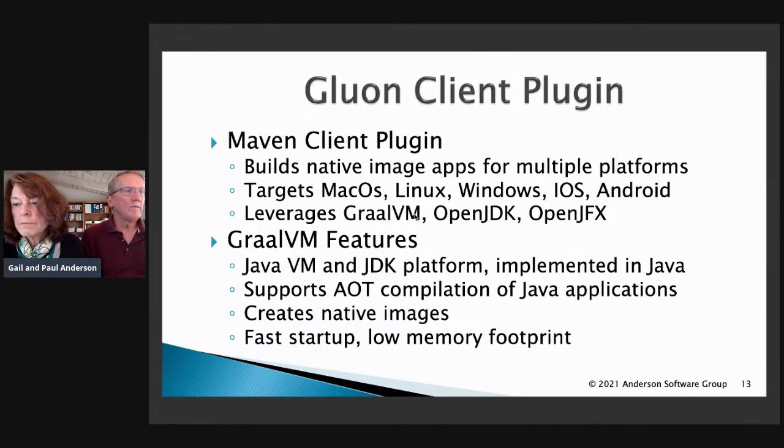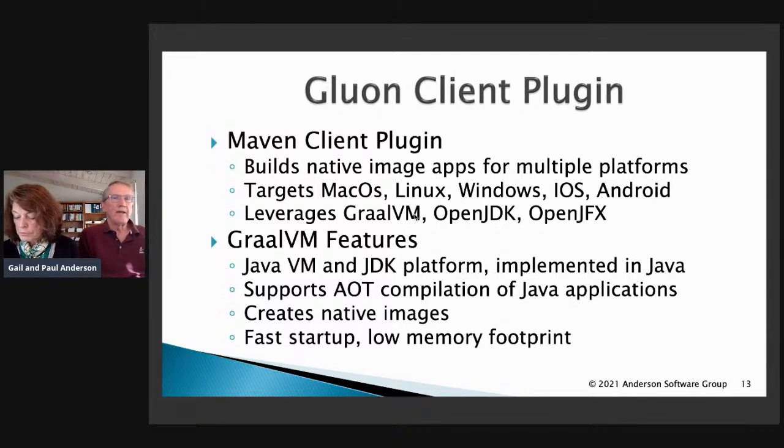Okay, so Gluon has a Maven client plugin that lets you build native image apps for multiple platforms. You can target Mac OS, Linux, Windows, iOS, and Android. And as we mentioned before, the client plugin will leverage the GraalVM platform and OpenJDK and OpenJFX.